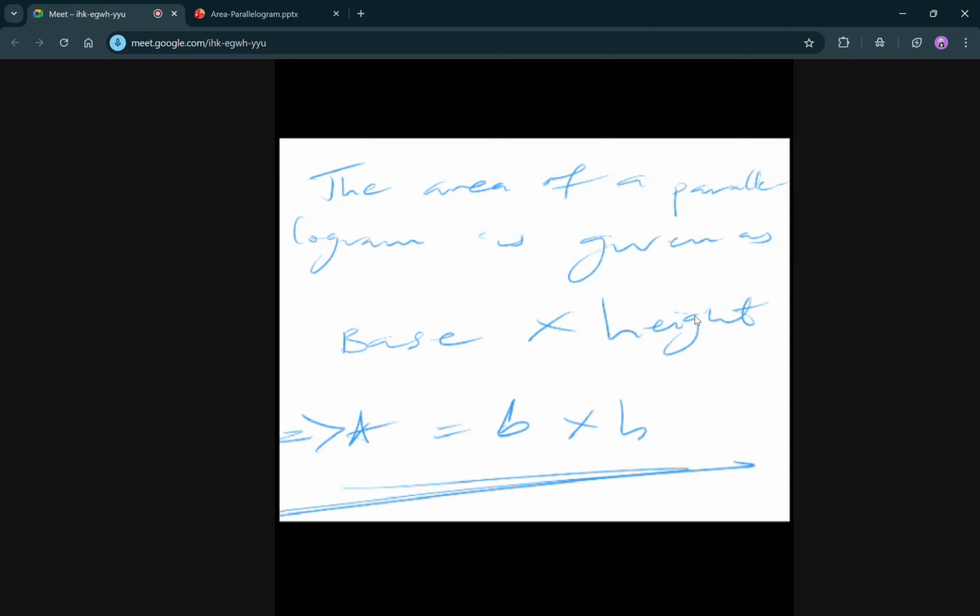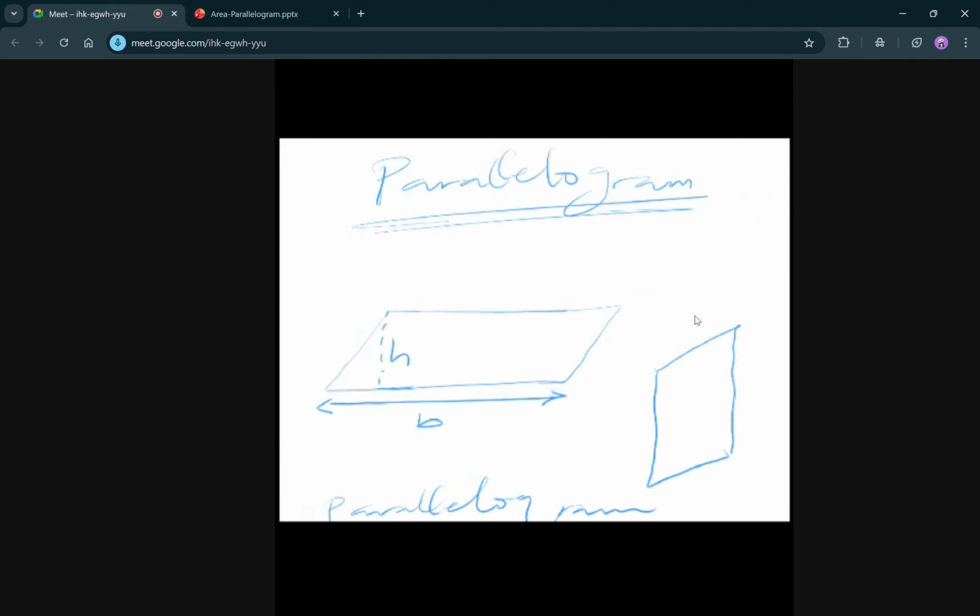Just read what you just wrote again. I'm writing it down as well. Did you see the diagram I drew here? Have you drawn it? No. Draw the diagram. That's a parallelogram. So draw it.